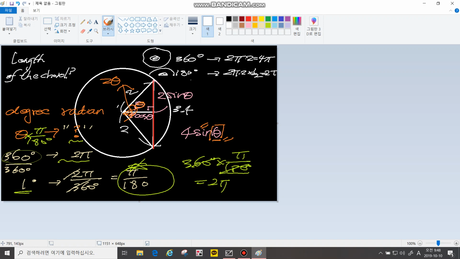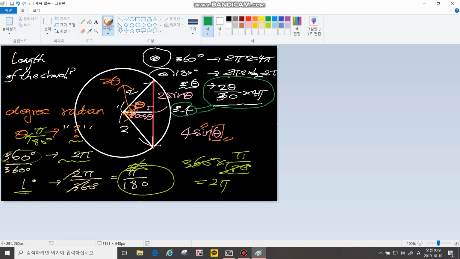But now what we're looking for is 2 theta, right? Then what do we want to do? Okay, we want to do 2 theta divided by 360 times 4 pi, right? Then we can get the length of the arc here. We know that this here matches with 3.4, right?